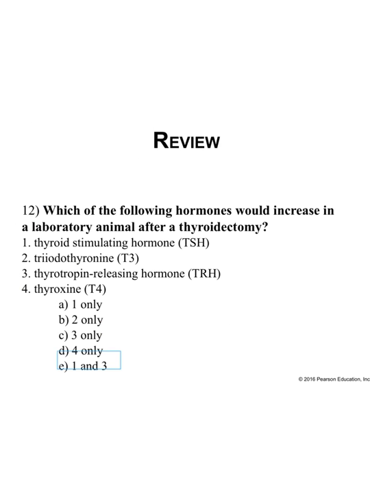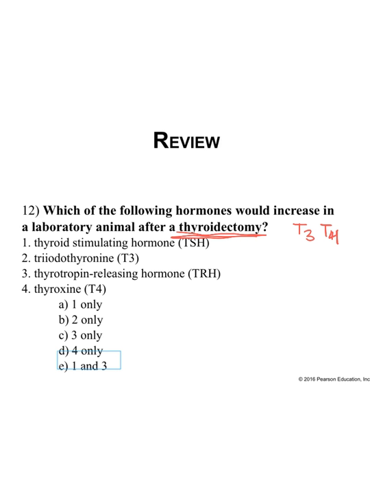Okay, so for reviewing information about the thyroid gland, which of these hormones would increase in a laboratory animal after a thyroidectomy? We already talked about this. So the thyroid gland has been removed, which means they can't make T3 and T4.